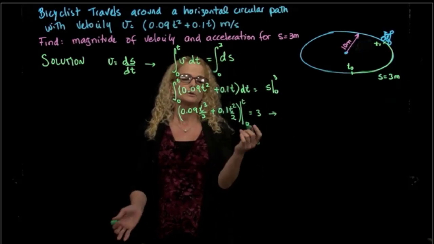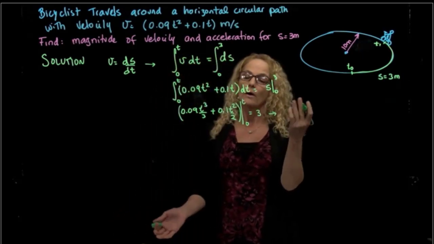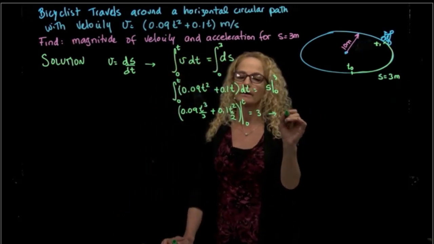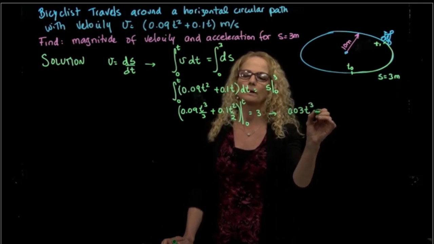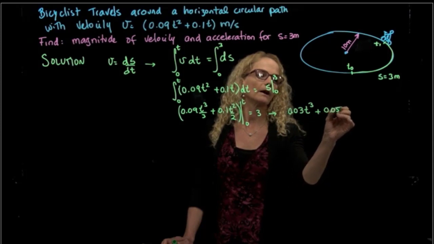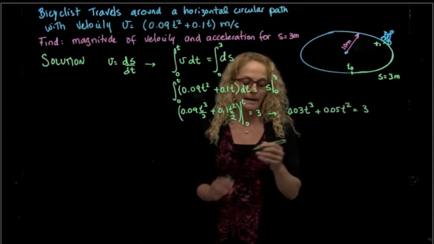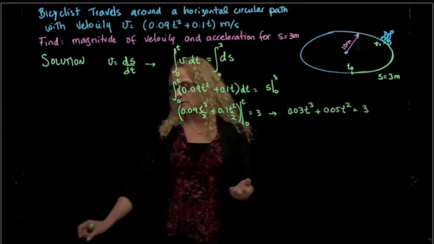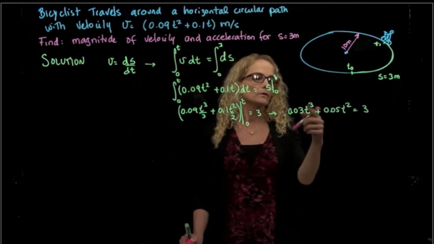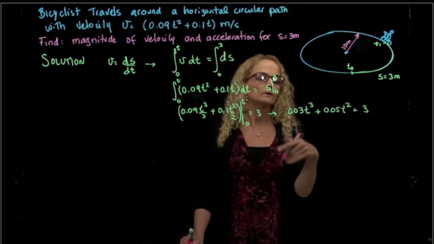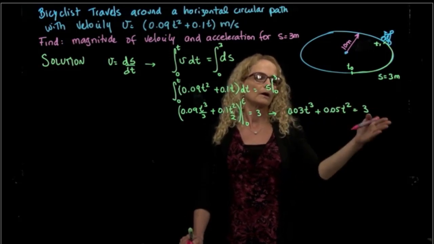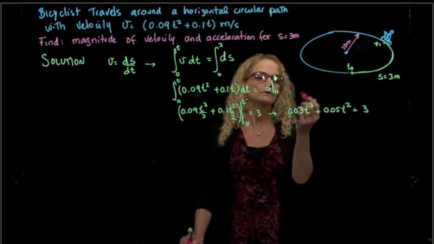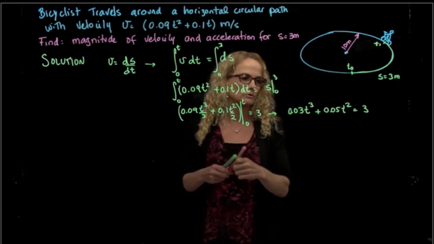This gives me an expression in which the only unknown is time: 0.03 t cubed plus 0.05 t squared equals 3. This expression is sometimes a little hard to solve for t, but there are several ways to do it. You can solve it by an iterative process, graph the equation, or use a calculator. I am not going to solve that.